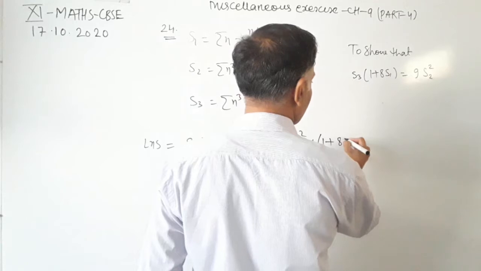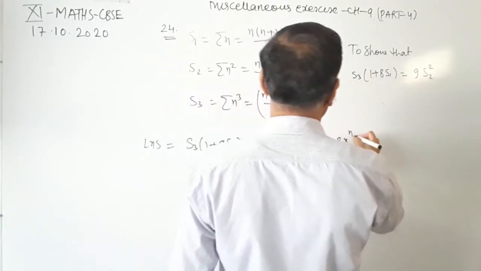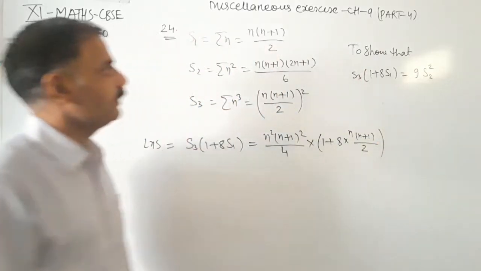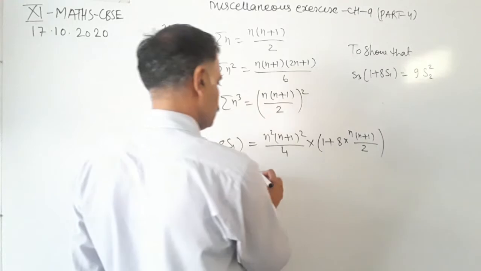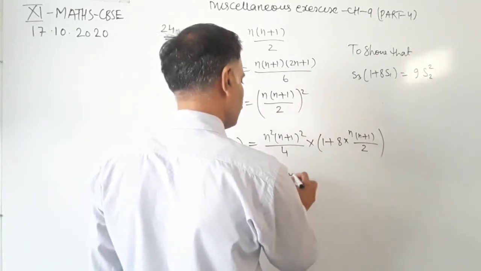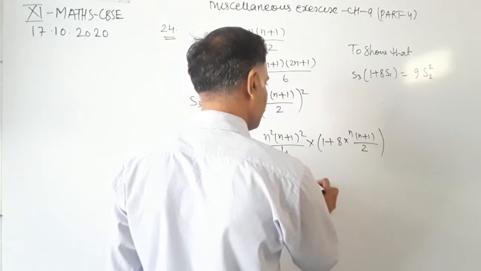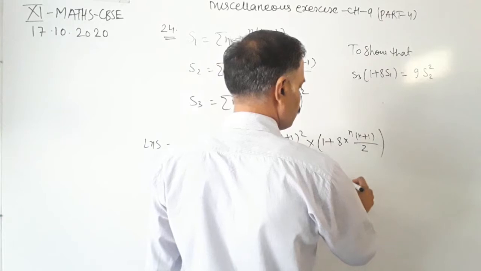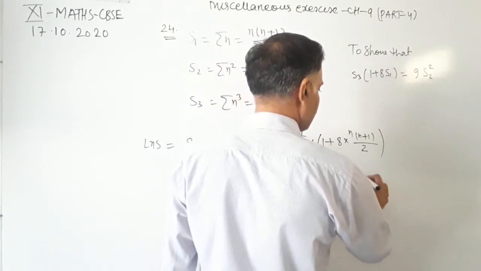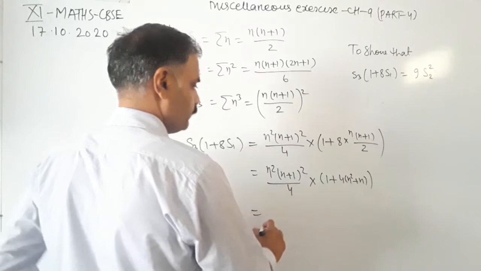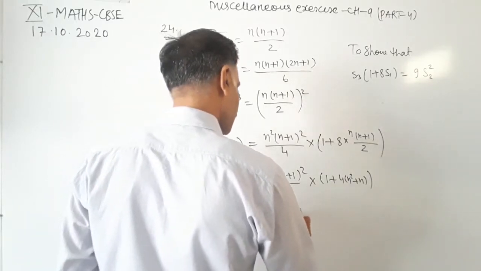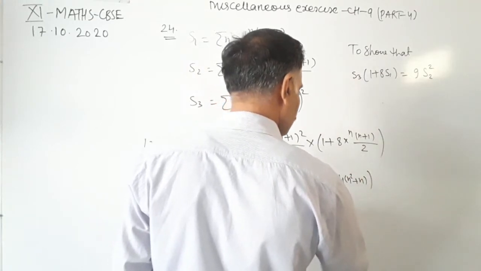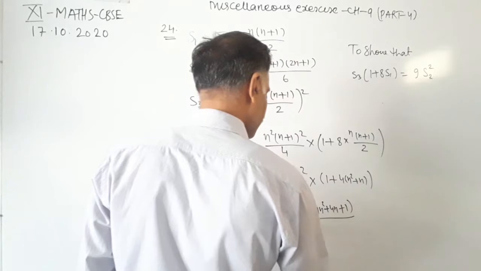S1 is n into n plus 1 by 2. So this is equal to n square n plus 1 whole square upon 4 multiplied by 1 plus 4 into n square plus n. So this is equal to n square into n plus 1 whole square, and this is 4n square plus 4n plus 1, divided by 4.